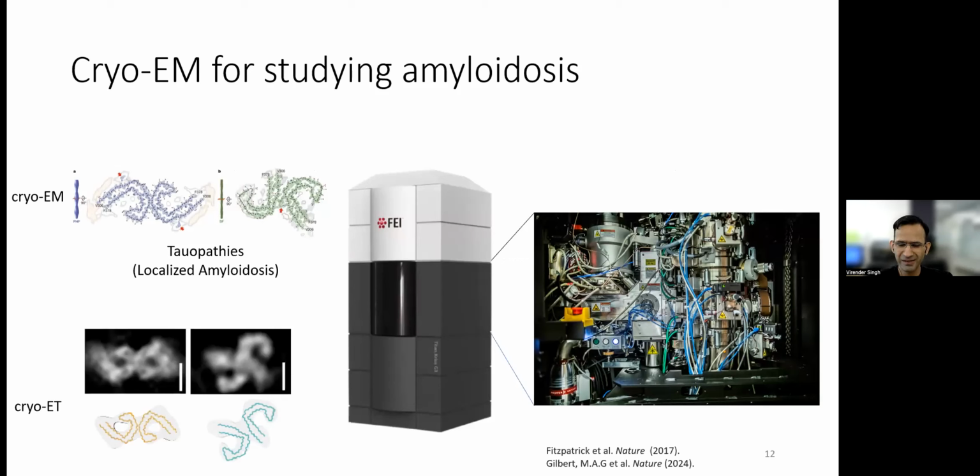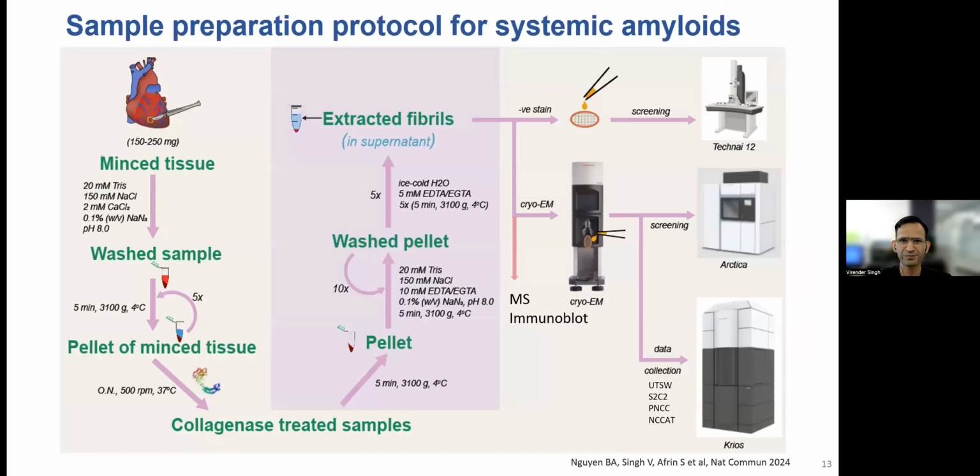Most of the structures which were solved were from localized amyloidosis such as tau or A beta, but our group is one of the groups mostly focused on systemic amyloidosis. Till now, we have solved more than 25 structures from different organs or from patients with different mutations.